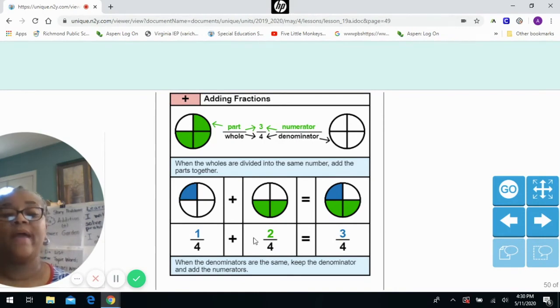So when we have the same denominators, when we're adding those, it's very, very simple. When you have different denominators, then you have to do a different process. But we're just talking about adding fractions with like denominators. That means that the denominators are the same.